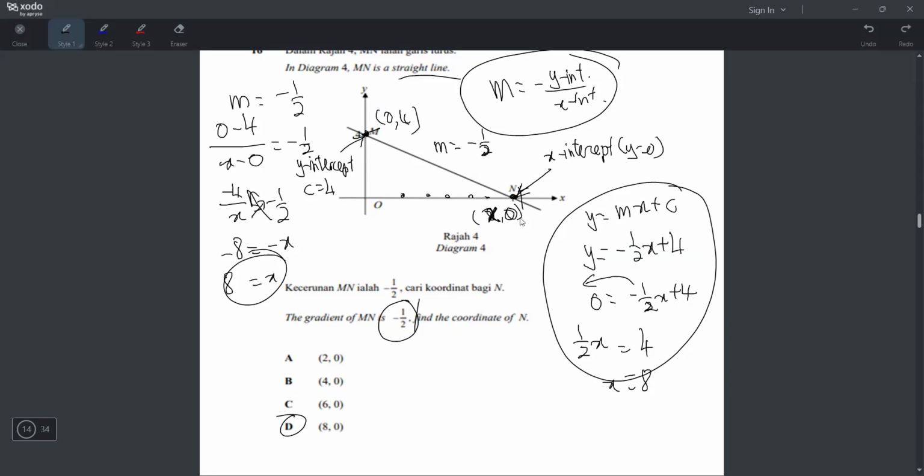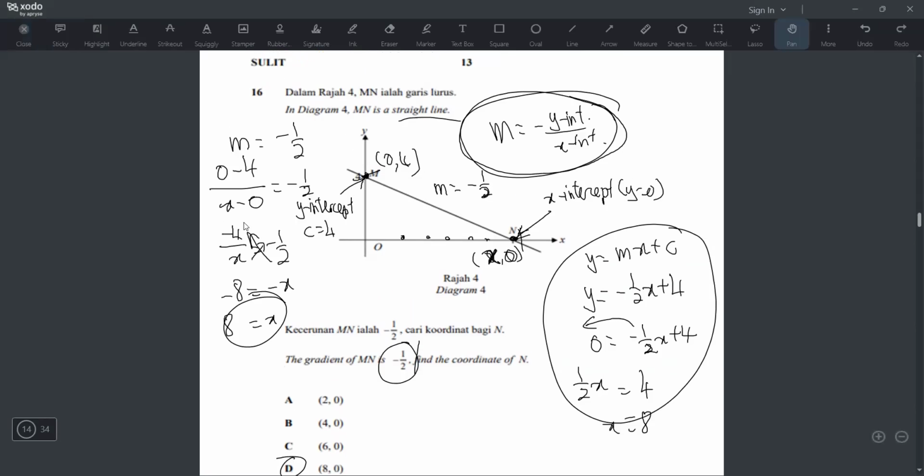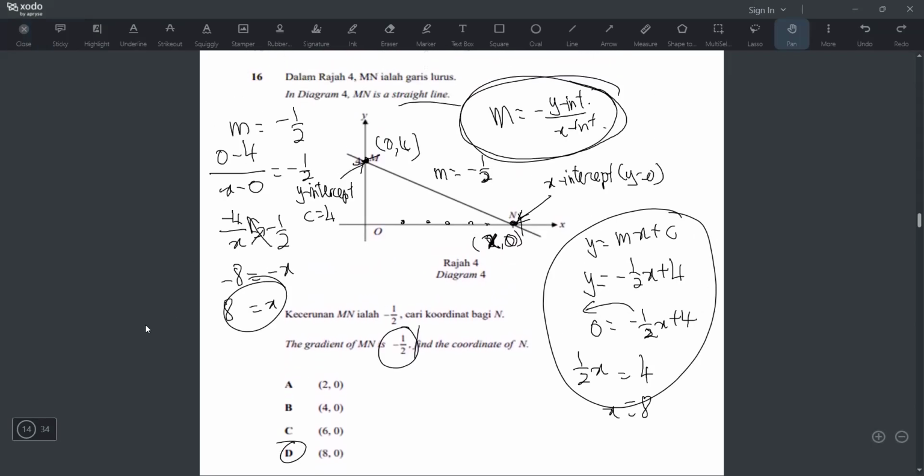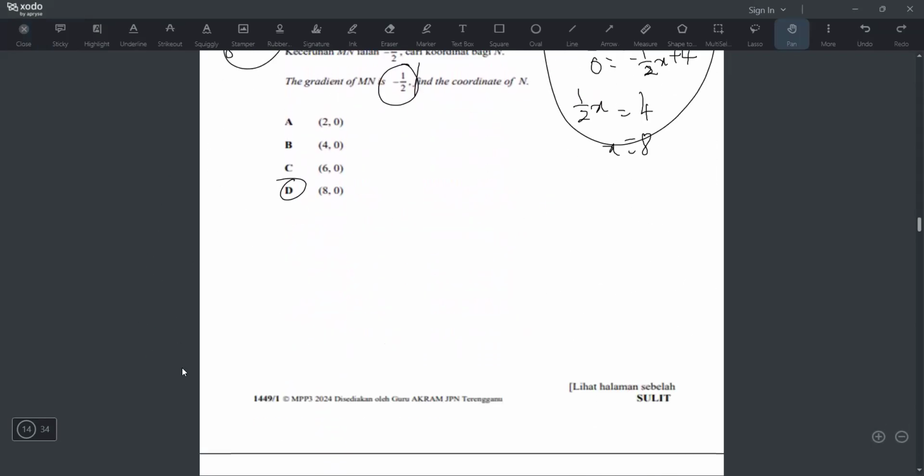But this formula can only be used in a very specific case, only when the question gives you the y-intercept and x-intercept. So it's a very specific, very rare case where you can use this formula, right? But for this question, it's okay, it can be used. So these are all the methods you can use to get the answer. Okay, done.